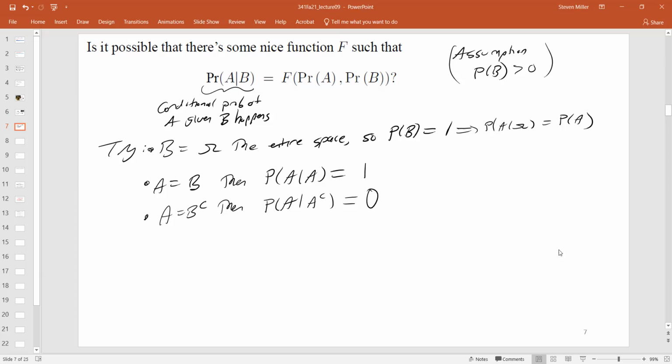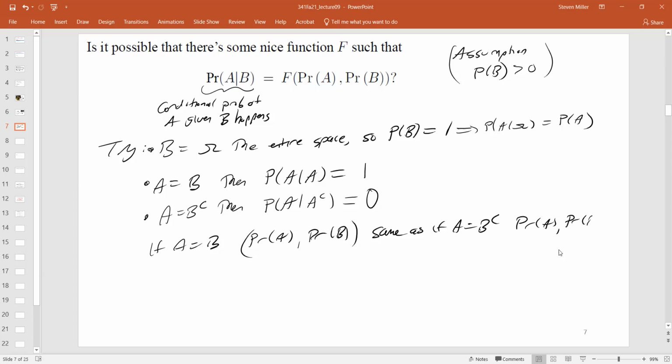So if A equals B, I want the probability of A and the probability of B to be the same as if A equals B complement, and I have the probability of A and the probability of B complement. I'm sorry, I guess I call it A complement.